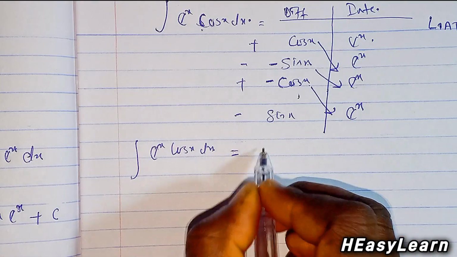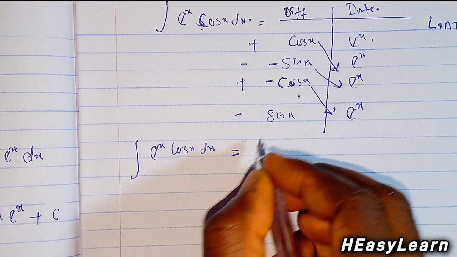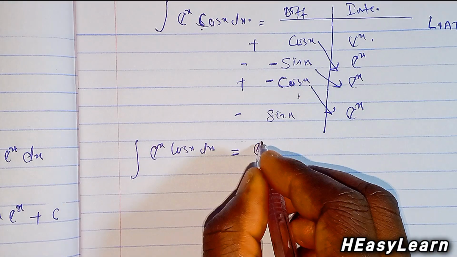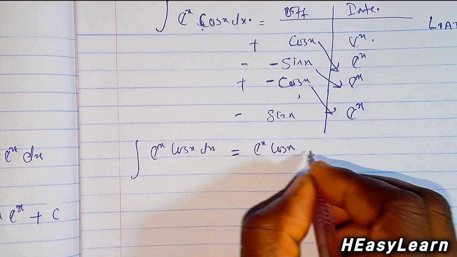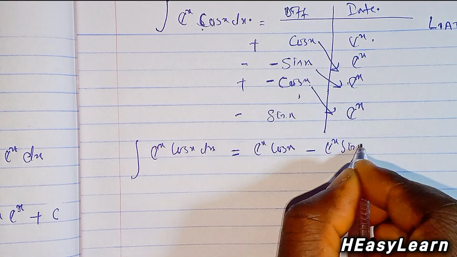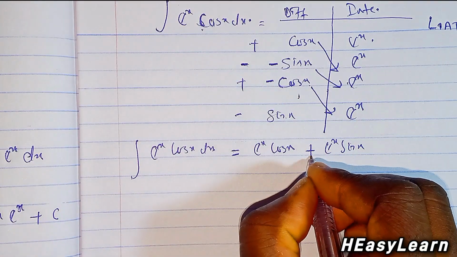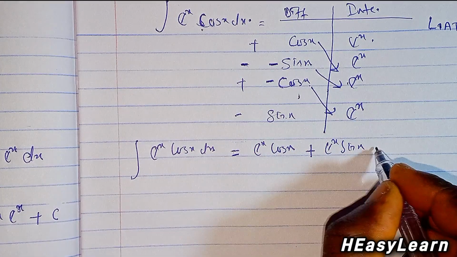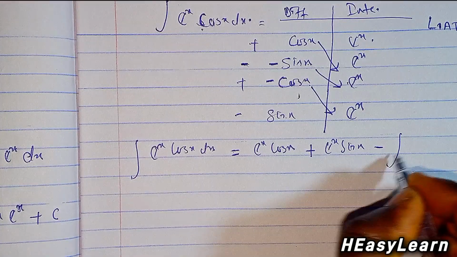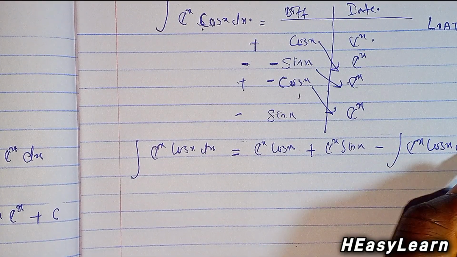If we keep on integrating and differentiating, the table keeps on going. Exponential x cos x minus exponential x sine x, minus minus will change to positive, minus the integral of exponential x cos x dx.